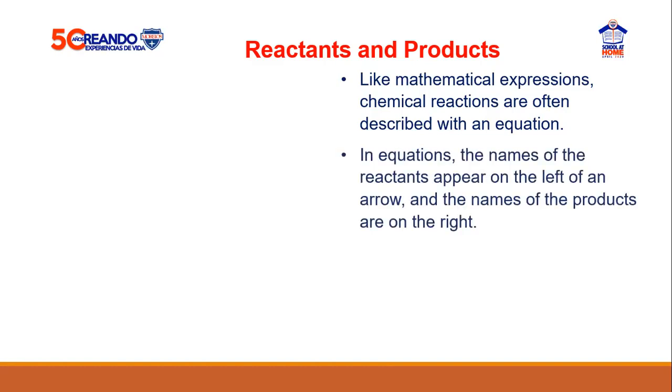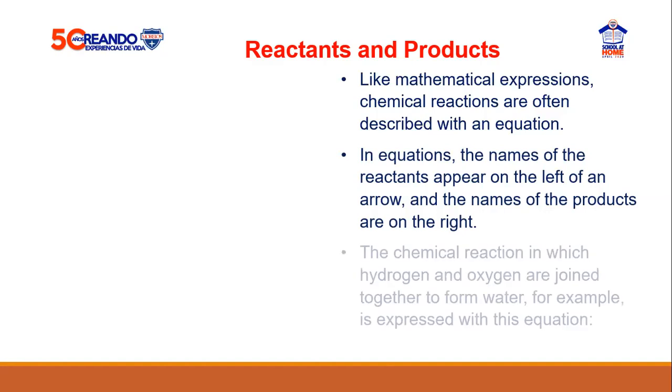In equations, the names of the reactants appear on the left of the arrow, right? We use the arrow to indicate the reaction, and the names of the products are on the right, okay? That is the products.